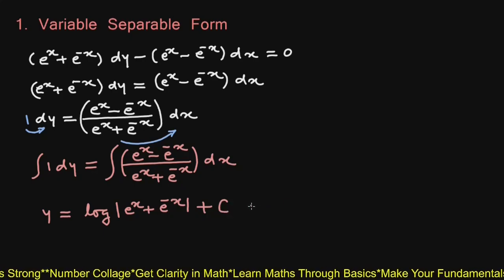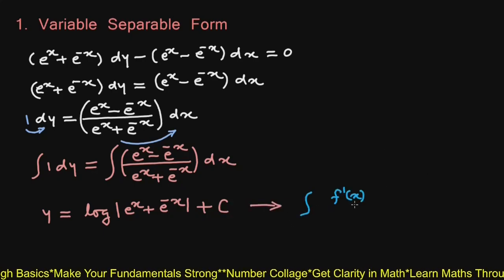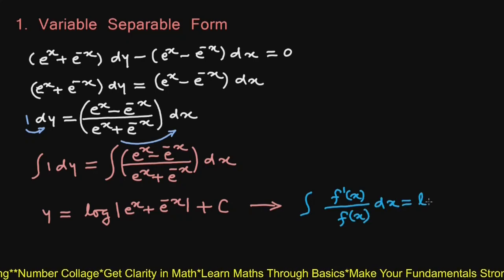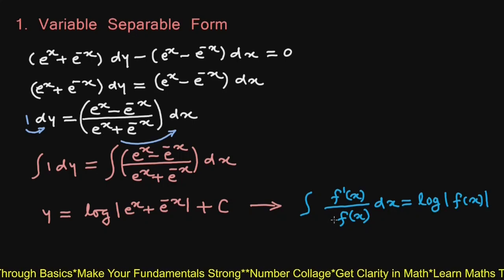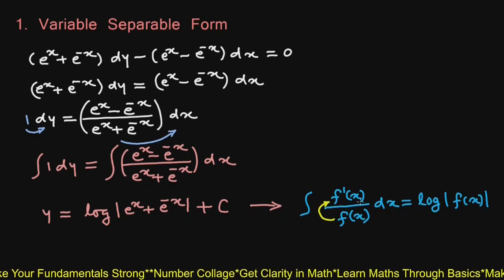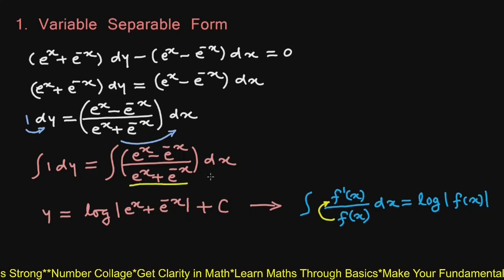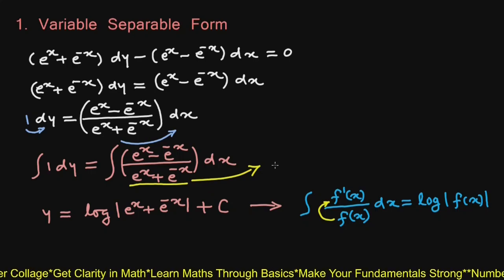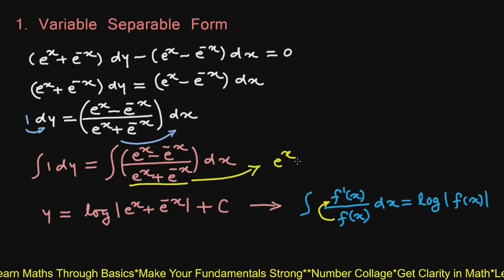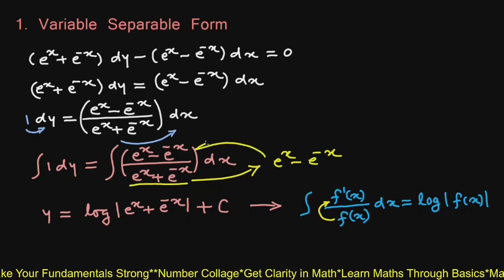This is because we have a rule in integration: integral f dash x upon f x dx is log f x. Here the derivative of the denominator f x is in the numerator, which is f dash x. Here also the derivative of the denominator, the derivative of e raised to x is e raised to x plus the derivative of e raised to minus x is minus e raised to minus x, which is in the numerator.